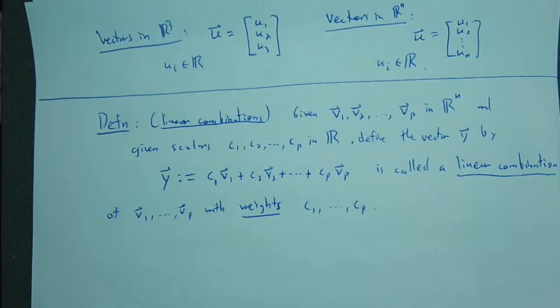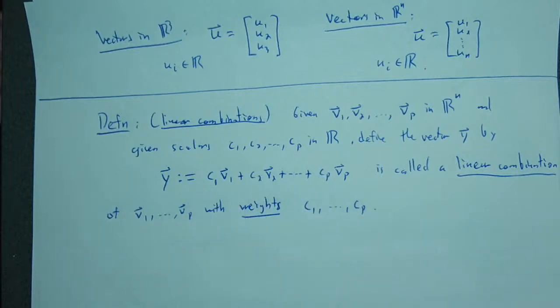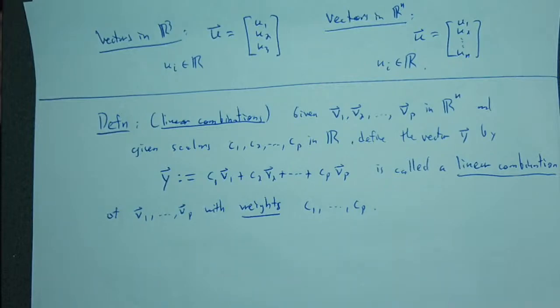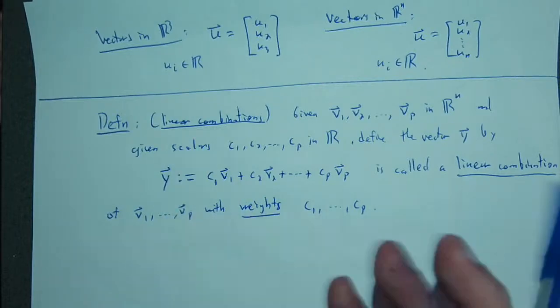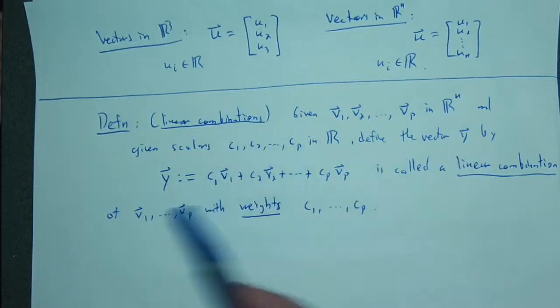I started by saying what it meant to add two vectors, but by the associative property, I can add three, and I don't have to worry about the order of the parentheses. So I can add multiple vectors together, and I could also perform scalar multiplication on each of those terms separately. So this is literally a combination of those vector operations.